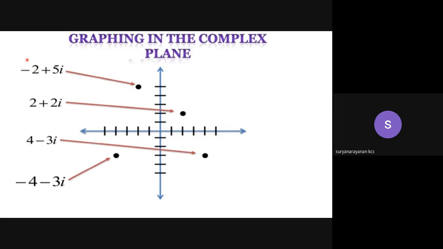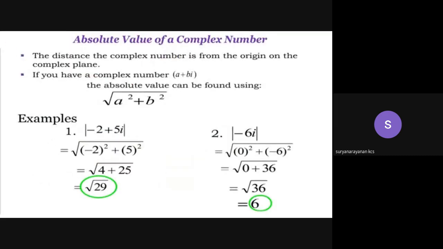Right. Now come to the absolute value of a complex number. How do you find the absolute value of a complex number? The distance of the complex number from the origin on the complex plane is called the absolute value of the complex number. You know how to represent a complex number in the complex plane.